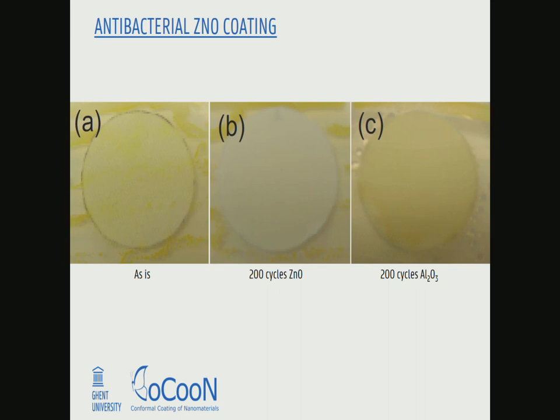The second example is, for instance, antibacterial coating. It's not all ALD coating, so this is a piece of material that was treated with bacteria and then put in a breeding environment to let the bacteria multiply. So you can see that just the material non-treated is of course not antibacterial, the bacteria just grow on top of it. If you deposit aluminum oxide, it's also a good host for bacteria, they just keep growing. But if you are depositing certain other materials, they stop bacterial growth.